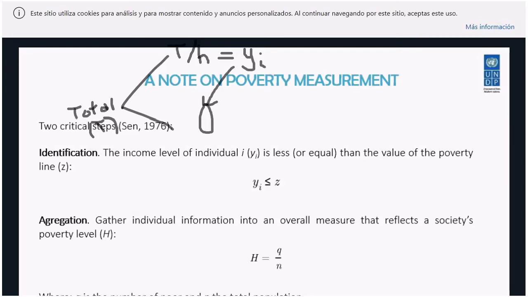So even though poverty is usually measured at the level of individual, and that's why we are using the per capita income, our starting point is the household, right? Usually it is the household. Why? Because we have to include all the income earned by the members of that household and distribute those resources among all the individuals living in that household.